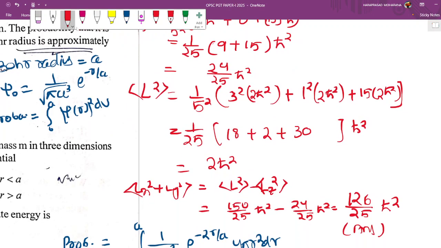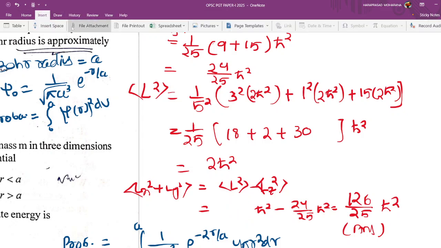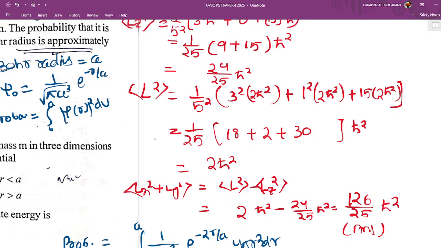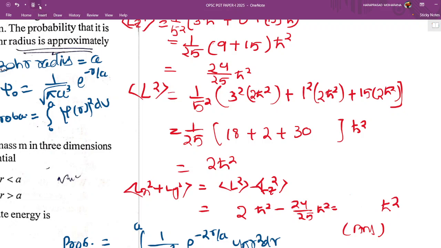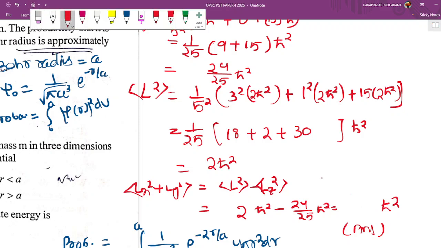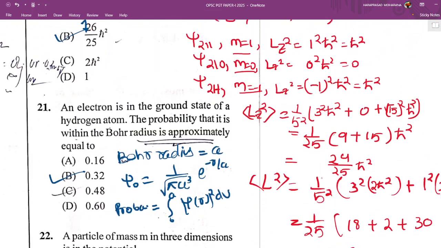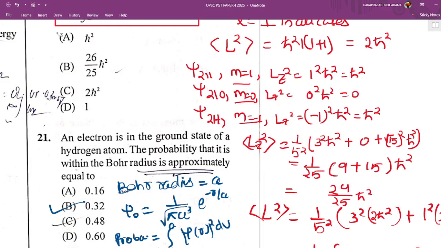If I correct it, this will be 50 minus 24, so 26 h cross square divided by 25. So my correct answer is 26 divided by 25 h cross square. This is my correct answer.